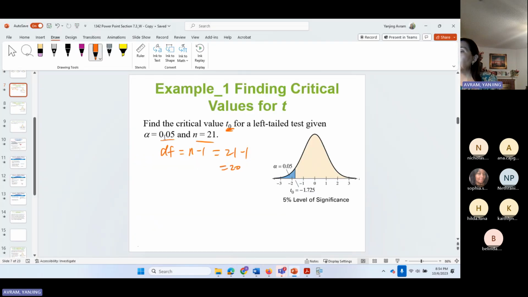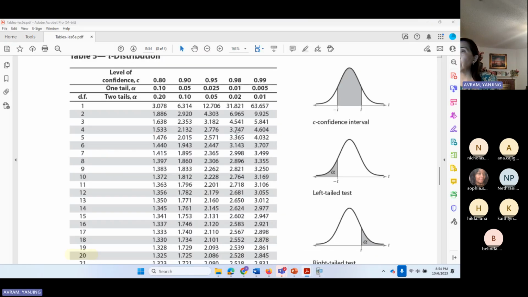So 0.05 is one tail, you got to look at the one tail in here. And then the 20 is the df, it's not an n, degrees of freedom. So you look at this one right here. So your critical value should be 1.725.